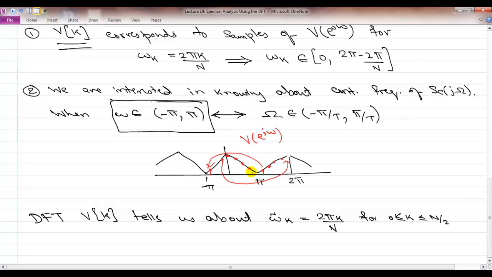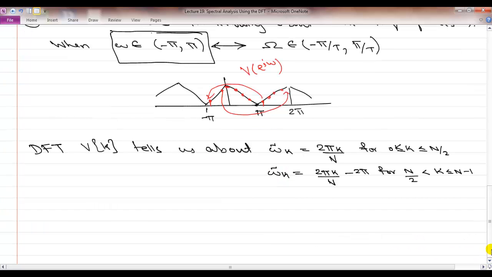So this last index is either N by 2, or if it's exactly at pi, it will be exactly N by 2, for N even. At the same time, it also tells us about little omega tilde k equal to 2 pi k over N minus 2 pi for N by 2 less than k less than or equal to N minus 1.